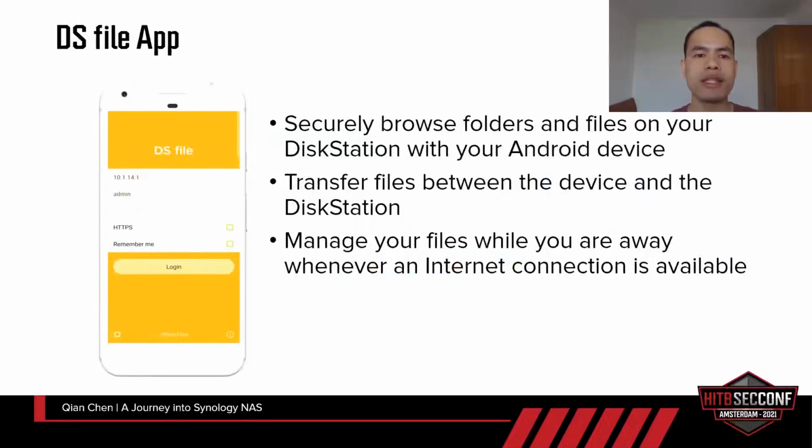Let's start with the DS file app. The apps provided by Synology make it easy and convenient to manage and access your disk station from a mobile phone. One of them is DS file. With it, you can browse, transfer, and manage files on the disk station easily.